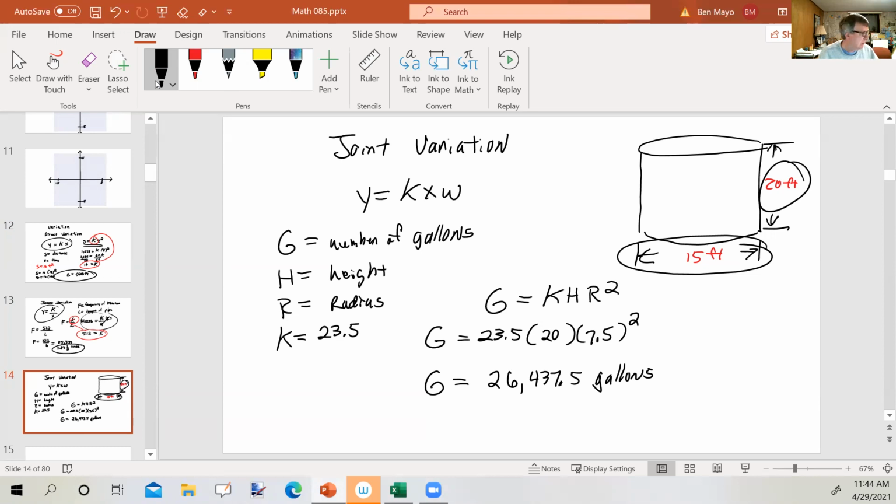All right, what I want to do now is go back and take a look at some situations where we'll be given a description in words, and then we'll write a formula. Then we'll be given a formula and write a description in words. Okay.